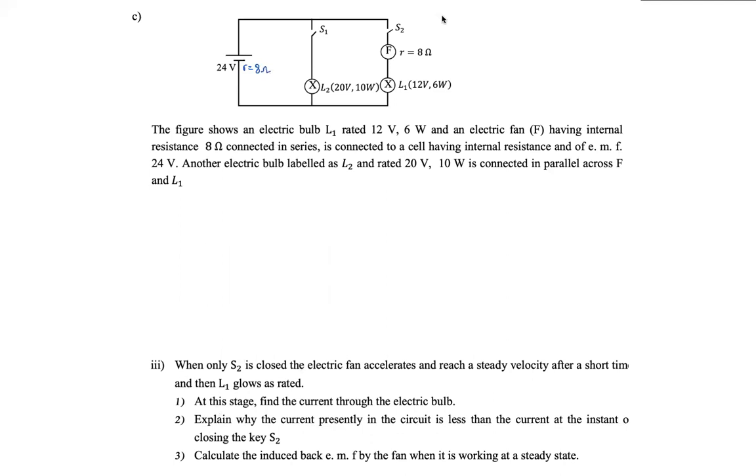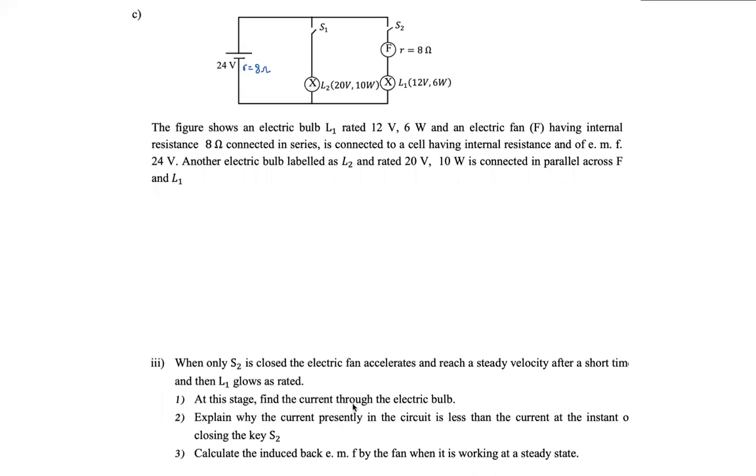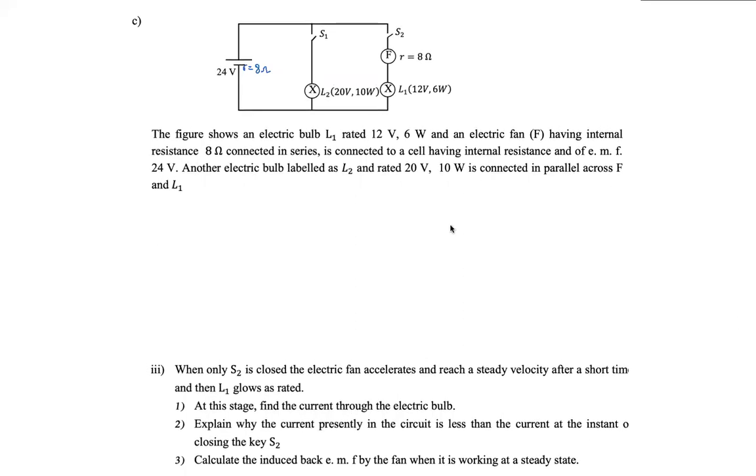When only S2 is closed, what's happening? When only S2 is closed, the electric fan accelerates and reaches steady velocity after a short time, and then L1 glows as rated.